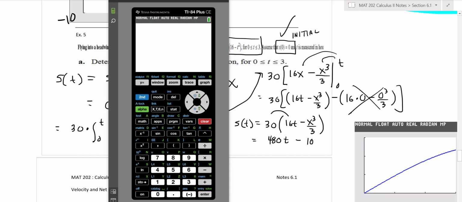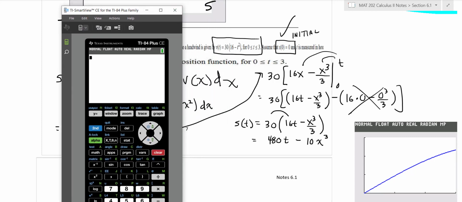That reduces out, so you end up getting this answer. Now, it's t's. I got a little careless here. Okay, so I think I got everything fixed. The final answer would be 480t minus 10t to the third, that would be your S of t. That's your function. If you multiplied it out, you would have that form.